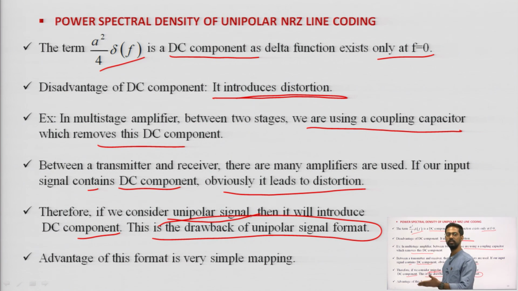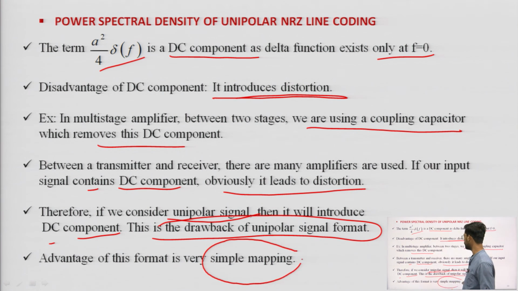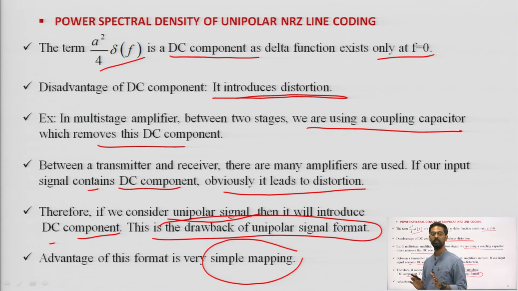So, we have seen that this digital unipolar format contains a DC component. The advantage is nothing but the simple mapping, but the disadvantage is very big, that is, it has a DC component.